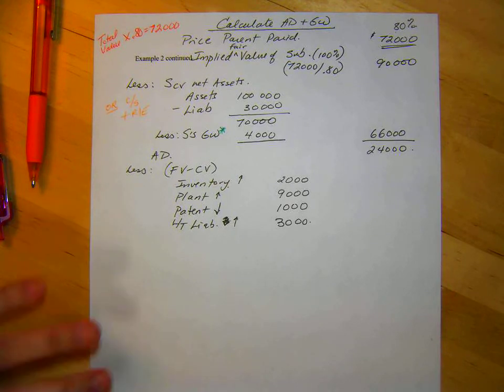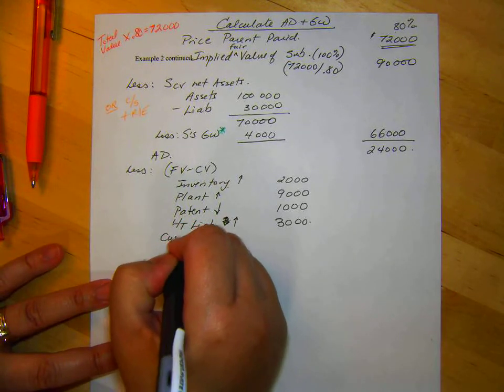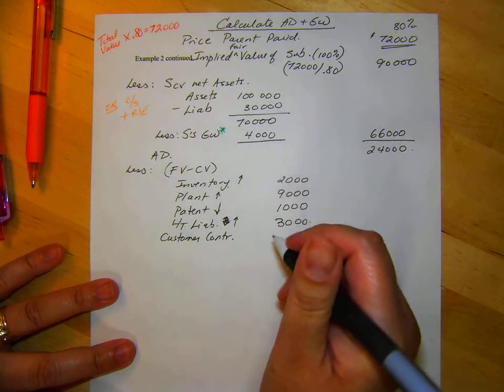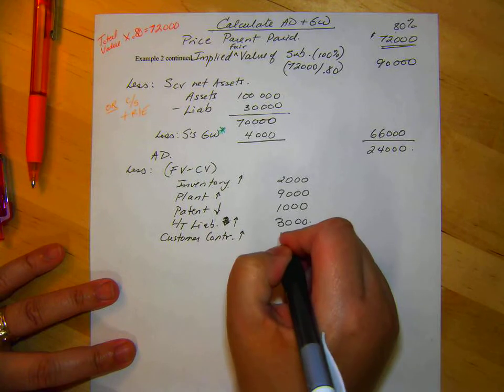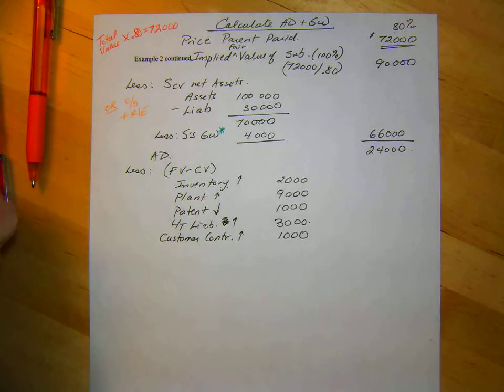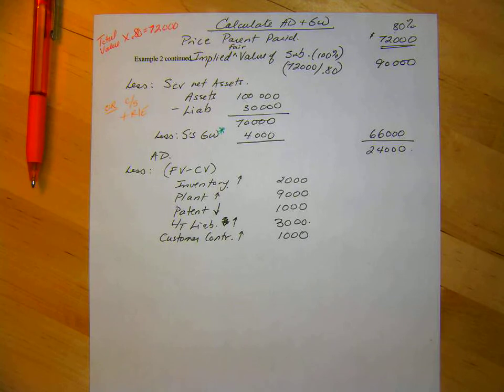The customer contract. And it went up by 1,000. So put it on pause, do the debits and credits, and calculate goodwill. You should get 16,000. When you're done, come back and I'll go through it.